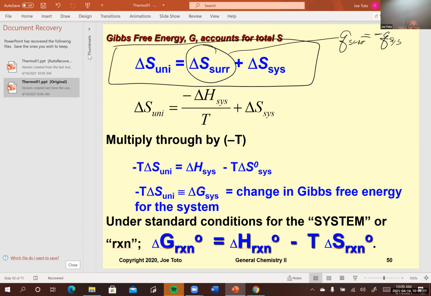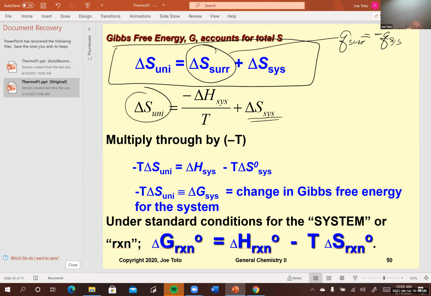Because in most of our conditions, our surroundings are a big thermal sink, and its temperature isn't going to change very much. So in Chem 200, we can use this simplified equation for entropy. We get rid of that term. This term is already the delta S of the system, so that leaves us with the delta S of the universe.